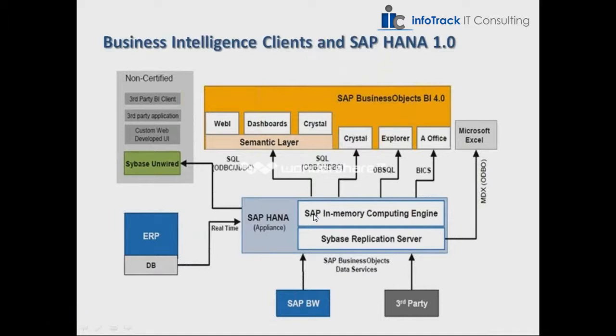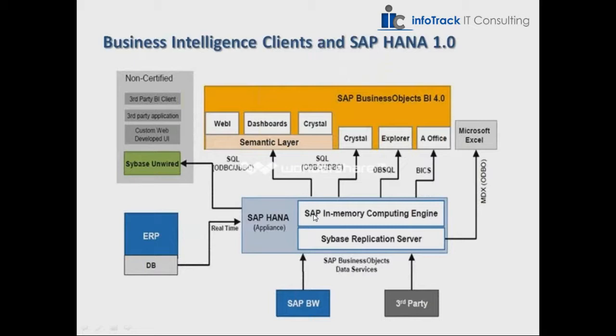The data is passed from SAP BW or a third-party system into the SAP HANA database, and depending on our requirement, this data is analyzed with the help of different applications: Crystal, Explorer, Office.